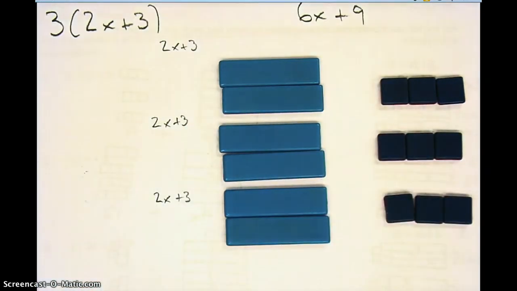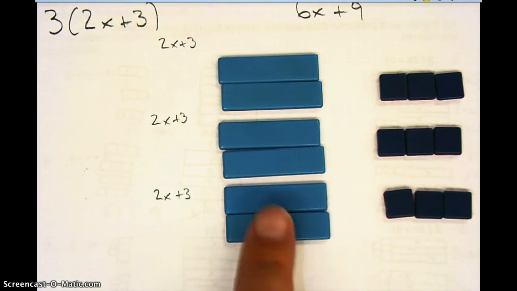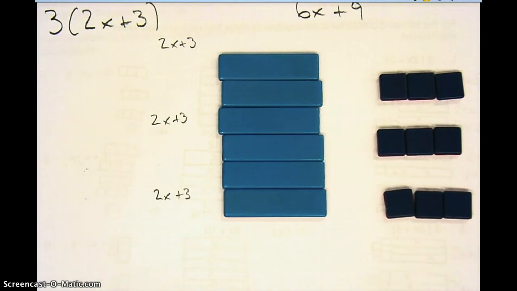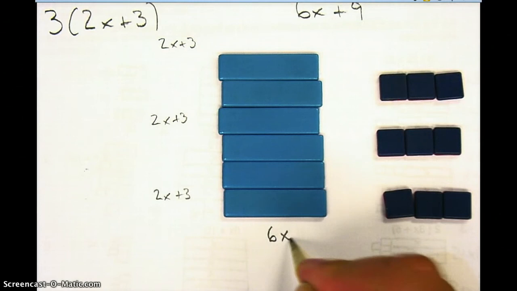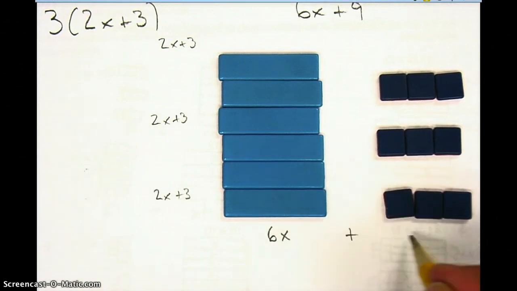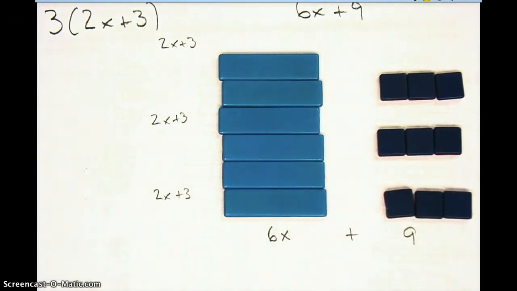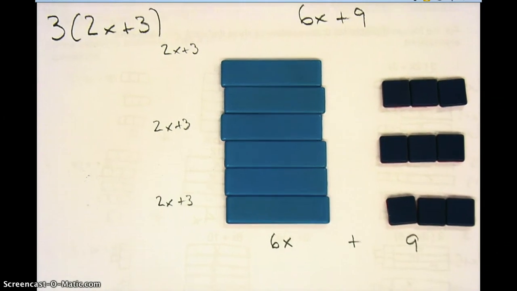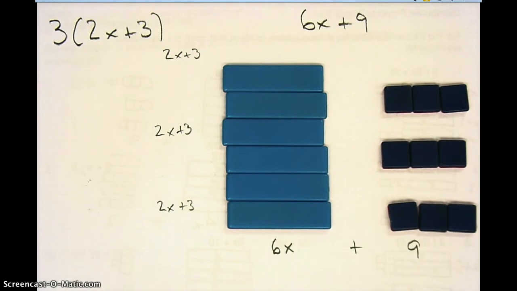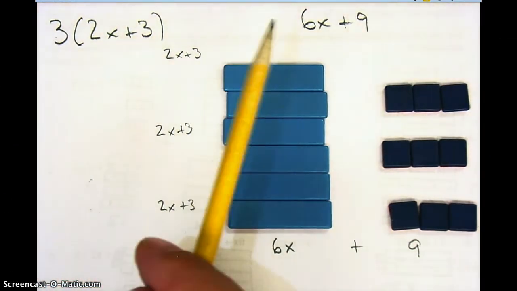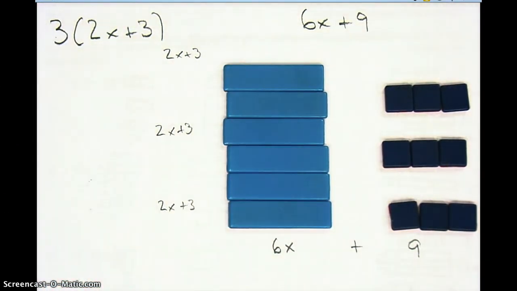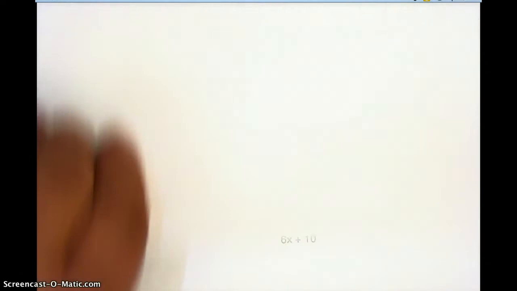So as I separate them this way, it's very easy to see that those 3 2x plus 3's are the exact same thing as 6x plus 9. Okay? And what you need to do on the first problems is draw the pictures to show that they're equivalent. You have to draw a picture to show that 3 2x plus 3's is the same as 6x plus 9.